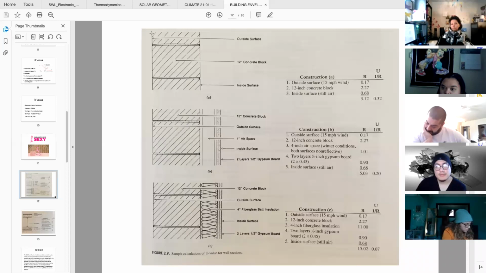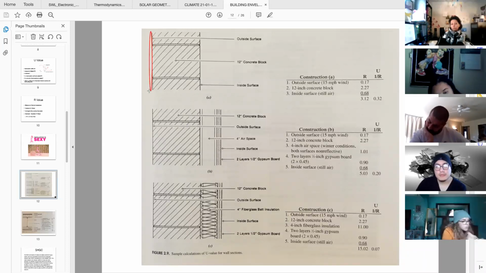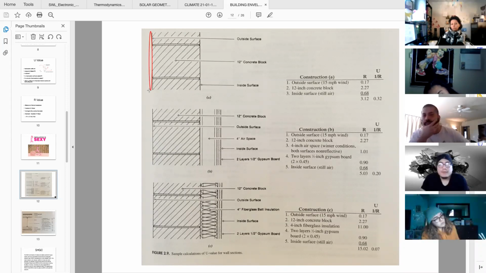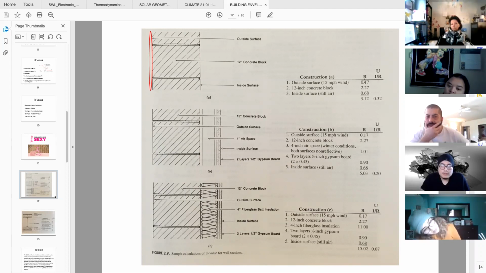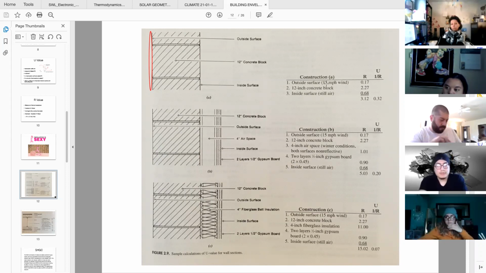So on the outside surface, there is a very thin layer of air that will stick to this wall surface with a minimal R value, because wind is considered to be moving across the surface.